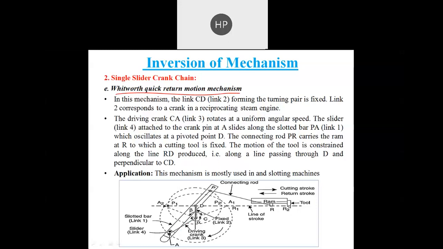The driving crank CA rotates at a uniform angular speed here. As you can see, CA, there are two circles. So this bigger circle is the circle formed by the rotation of point A. The crank pin at A slides along the slotted bar PA.